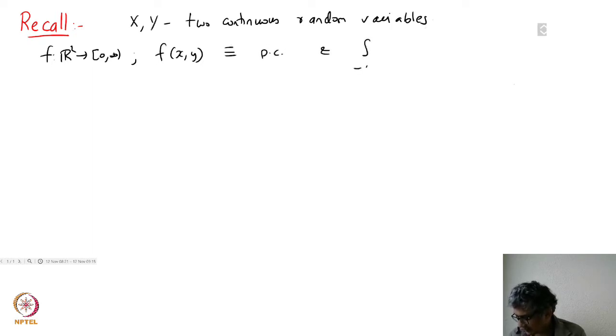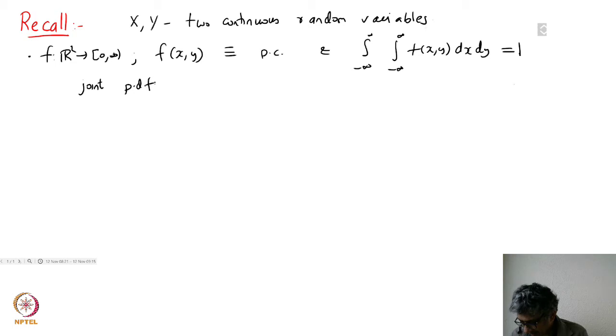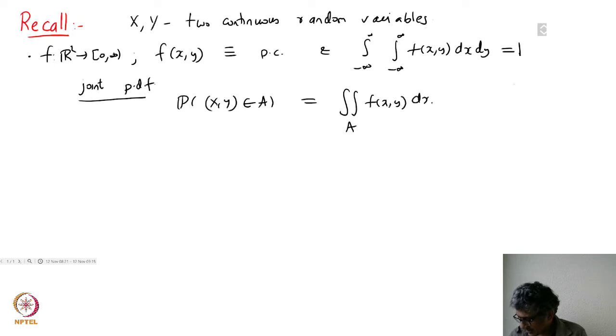And the double integral of f over the two regions of x and y is equal to 1. That's the joint density function. You would call this the joint PDF, in the sense that the chance that X and Y belong to some event A is given by the integral over A of f_XY dx dy.